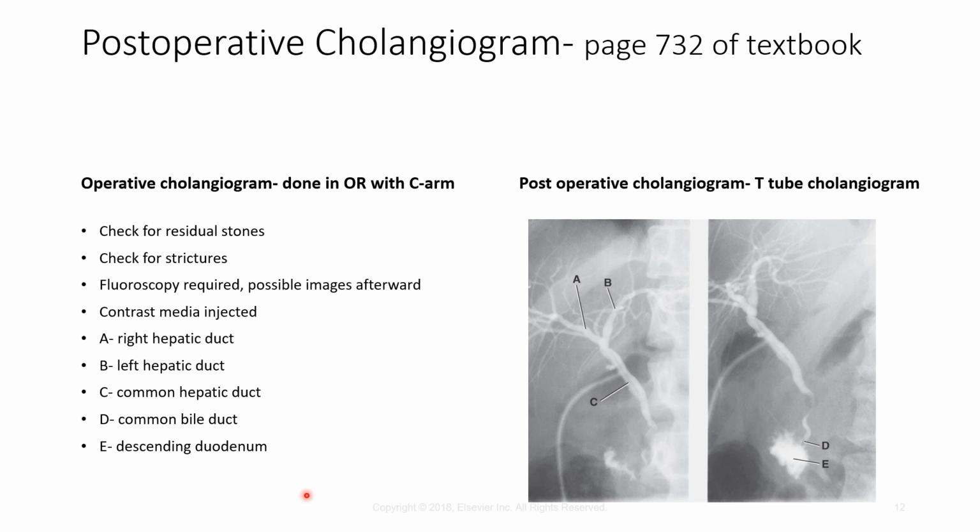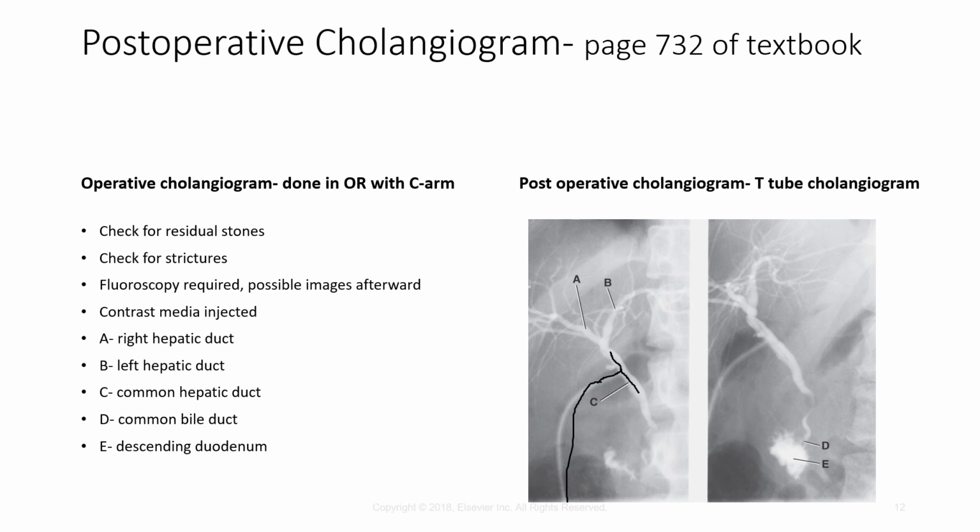And what happens is, I'll try and show you with a drawing here. Okay, so this part right here is outside the body. And this T-tube is literally placed like that. That's why they call it a T-tube.